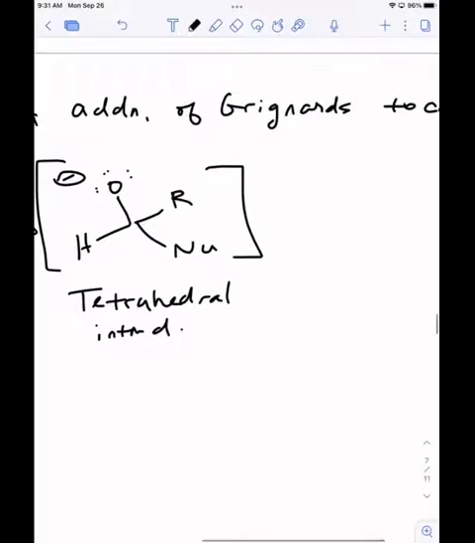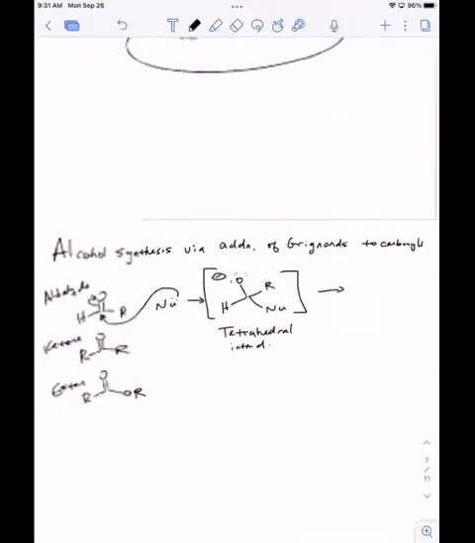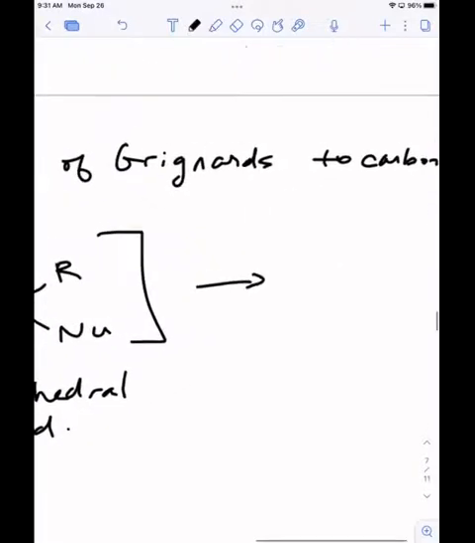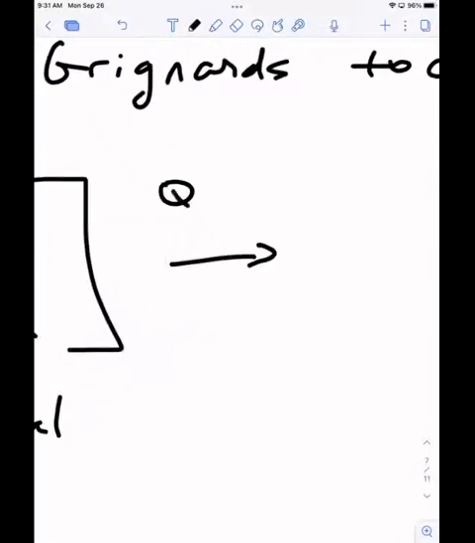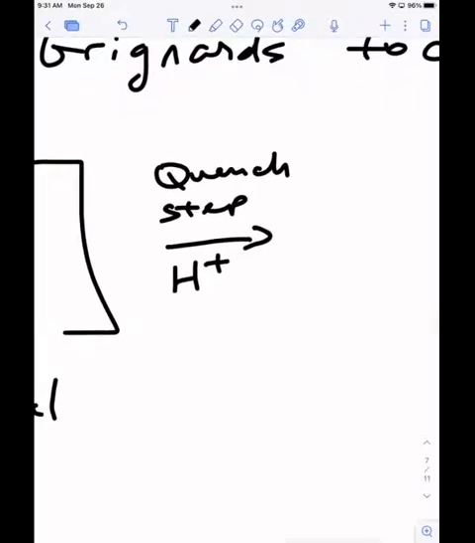So here, normally this reaction, when I add a Grignard to a carbonyl, I do it in 2 steps. I add the Grignard first, and then I come back and I quench it with some proton source, right? It can be any acid. Normally it's a weak acid like acetic acid or something like that.